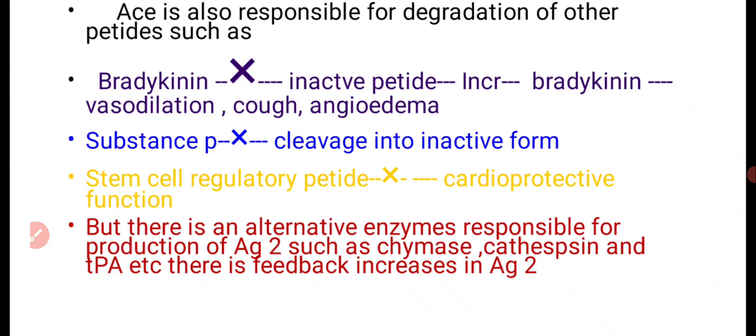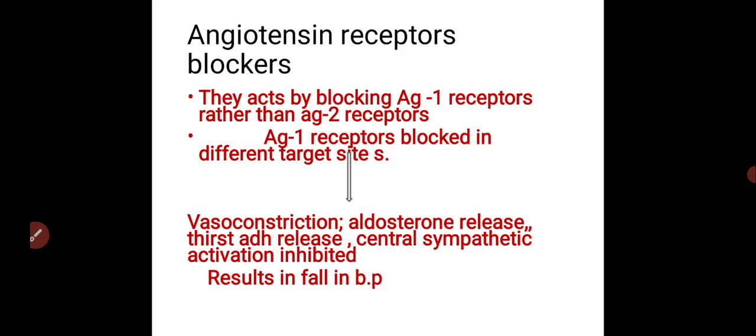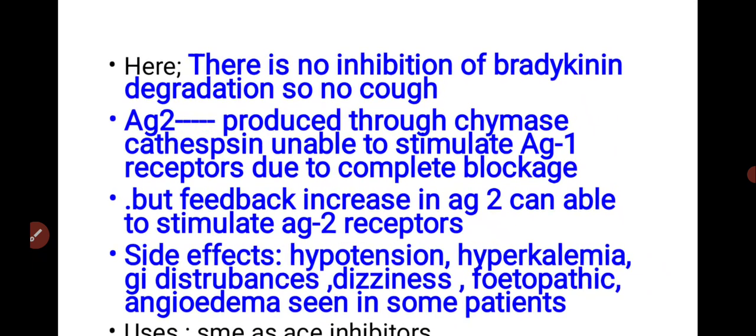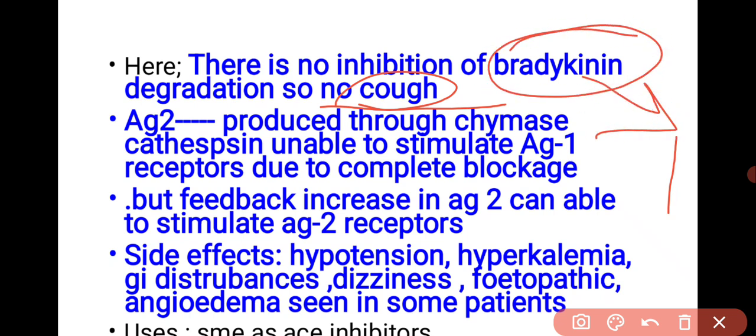But one more drawback for the angiotensin receptor blockers is that when angiotensin 2 levels are increased, this angiotensin 2 can stimulate the angiotensin type 2 receptors instead of angiotensin type 1 receptors. And here there is no cough, because ARBs are unable to inhibit bradykinin breakdown. We are not inhibiting ACE, thereby the bradykinin levels are not elevated here. So these are the differences between the angiotensin receptor blockers and angiotensin converting enzyme inhibitors.